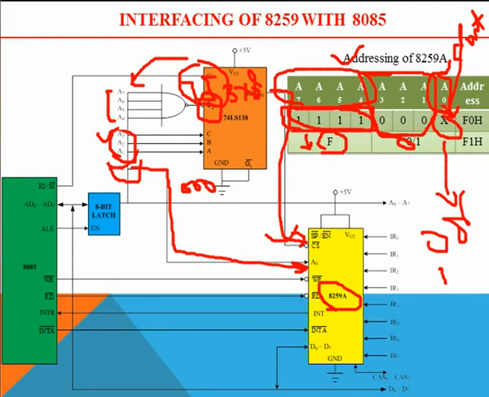If A0 has value 1, then it will provide address 1. Therefore, with this combination we can see the address of 8259 is F0F1.